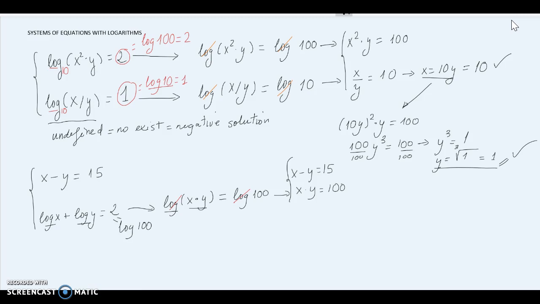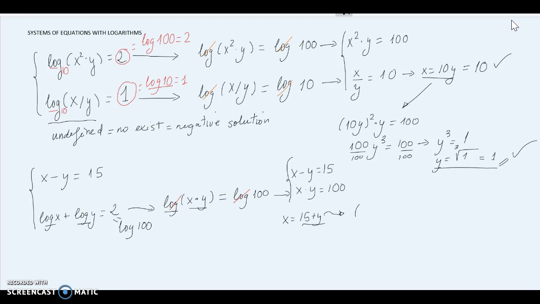We can, for example, substitute in the first equation. In the first equation, I can write x equals 15 plus y. So I'm going to substitute this expression into the second equation.